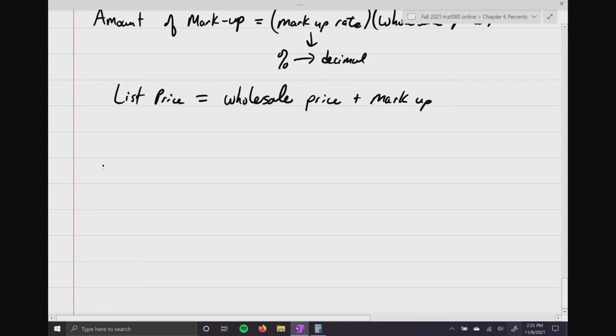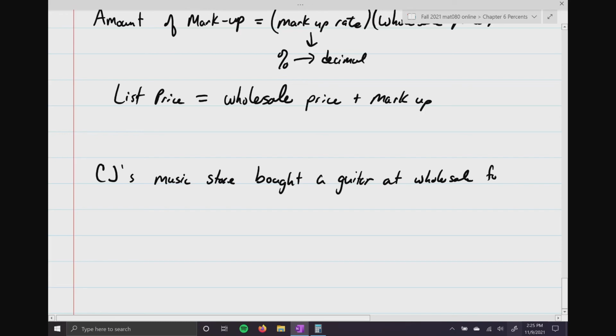So CJ's music bought a guitar at wholesale for $950. Okay?